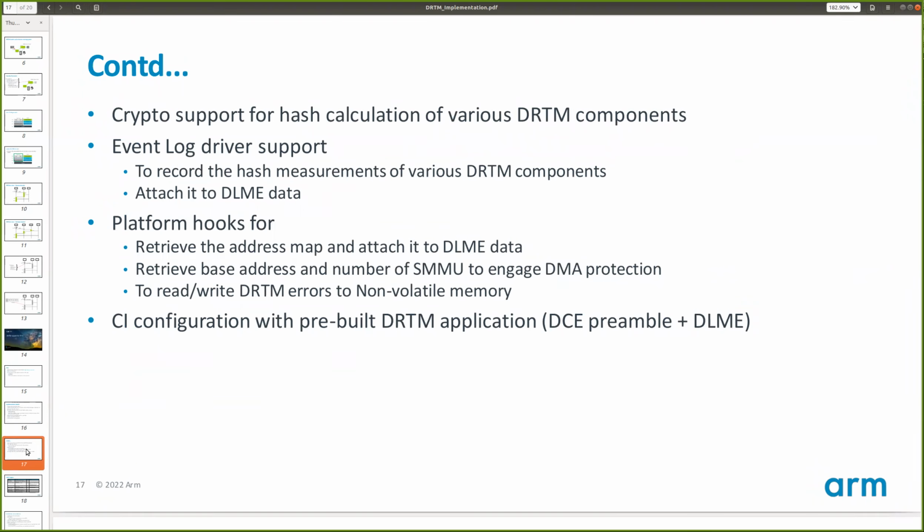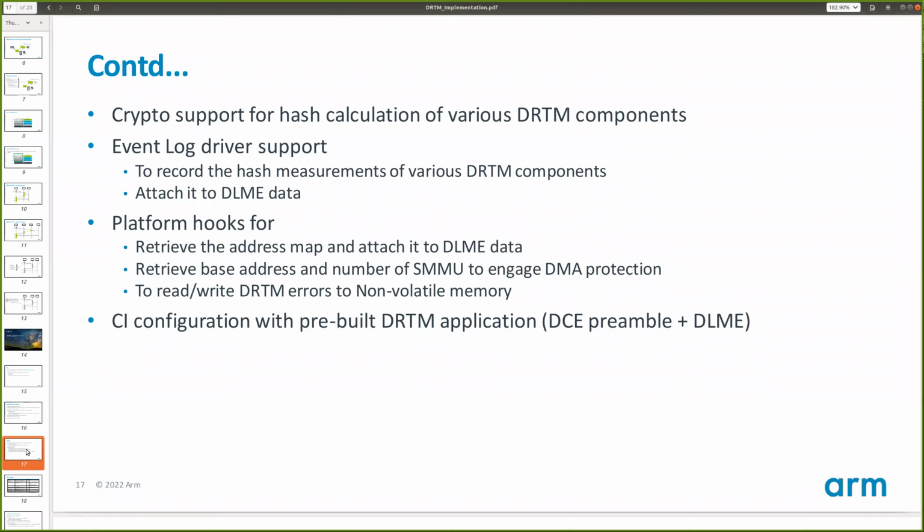Also, there will be crypto support for hash calculation of various DRTM components, and an event log driver to record the hash measurements of various DRTM components, and also to attach it to DLME data. So DLME data is what we pass from the DRTM implementation to the payload.